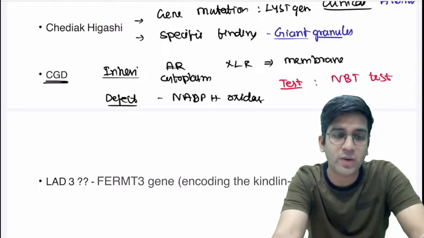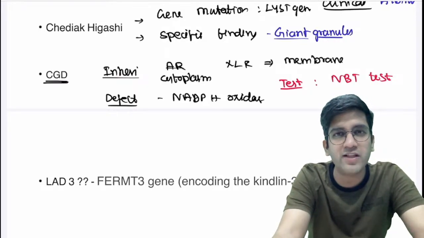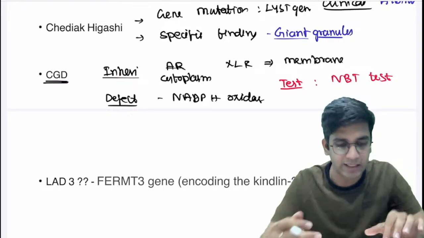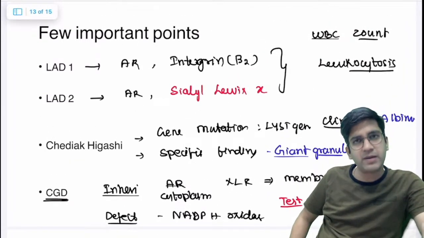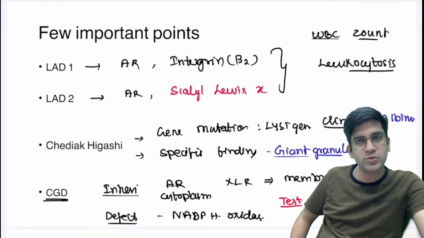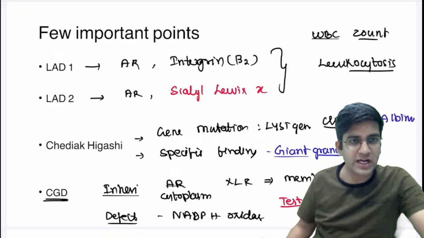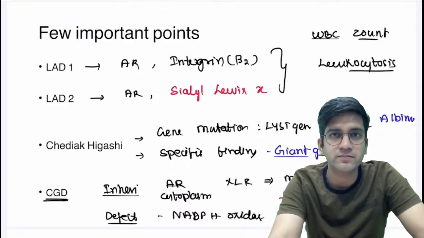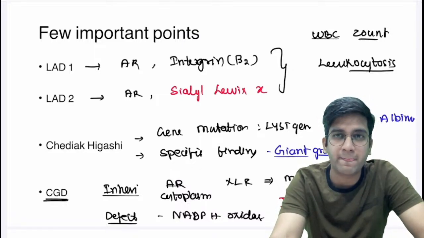Fine. Okay. Just one tiny question for us to understand this group of disorders a little bit in detail. If I take all these diseases, is this a primary problem in innate immune response or an adaptive immune response? Just answer that. Innate or adaptive? Because it might be required for us to understand how the patients will present.